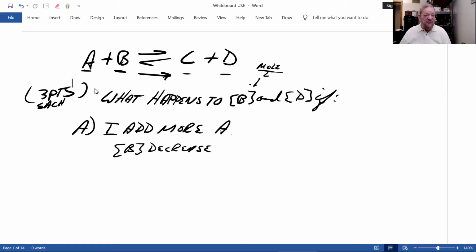You consume some of the B. When it reacts with A, you have less. Now, when A reacts with B, what do you make? More C and D. When you make more of something, in this case C and D, the concentration increases.